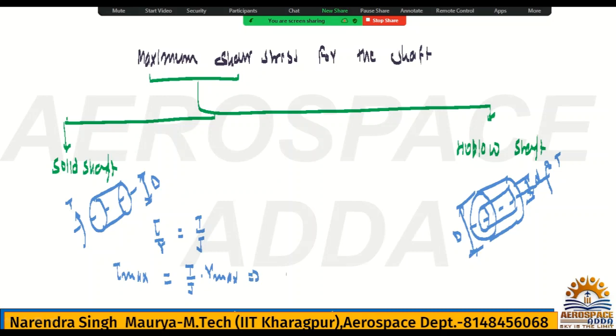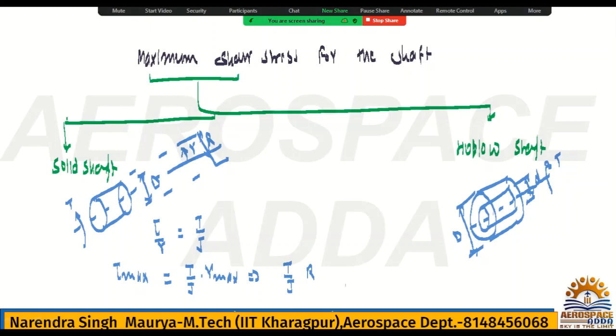Small r is the radial distance from the center, and if it reaches the surface of the shaft it will be the radius. So small r max means capital R, that is the radius.